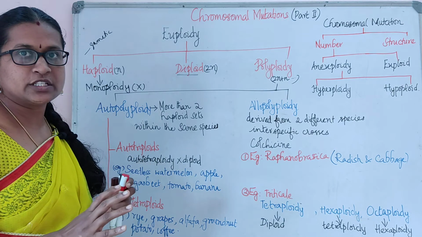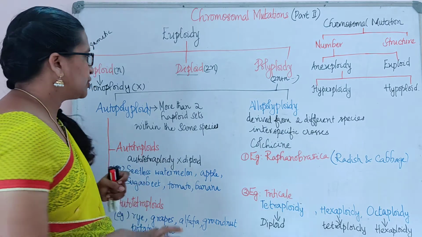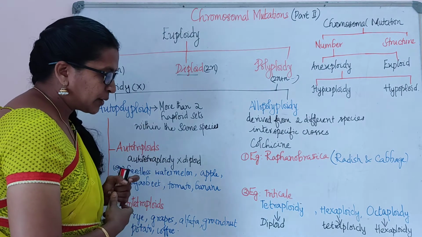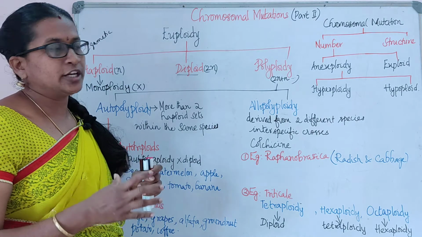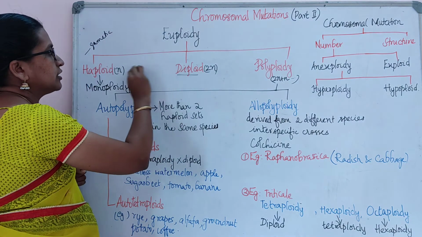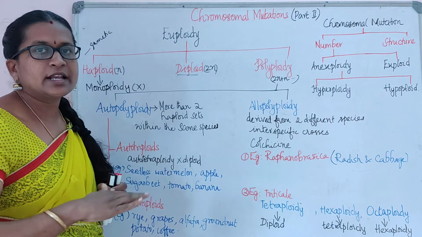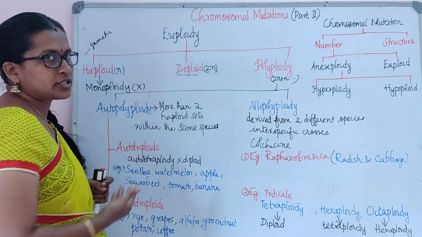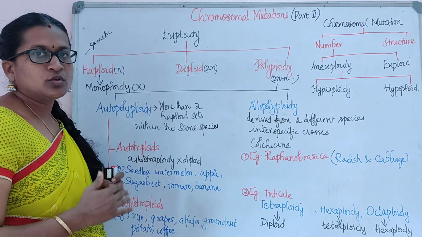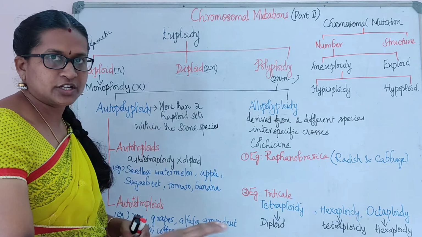There is no difference in the number of chromosomes due to this monoploidy. But the haploid and diploid conditions we come across regularly, generation after generation. That is a natural process. Haploid is in the gametic stage and diploid is in somatic growth, so it runs towards the next generations.